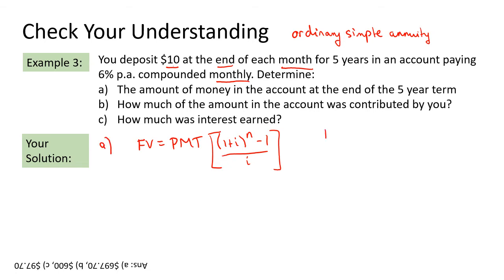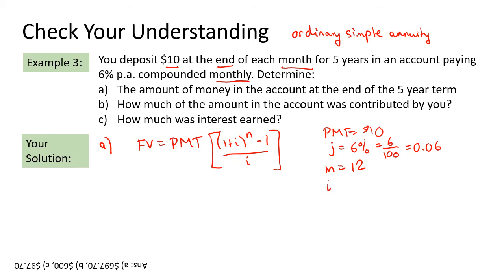So we know that our payment is equal to $10. Our nominal interest rate is 6%, which is 6 divided by 100, removing the percentage sign, or 0.06. Our number of compounding periods per year, M, is 12, because it's compounded monthly.